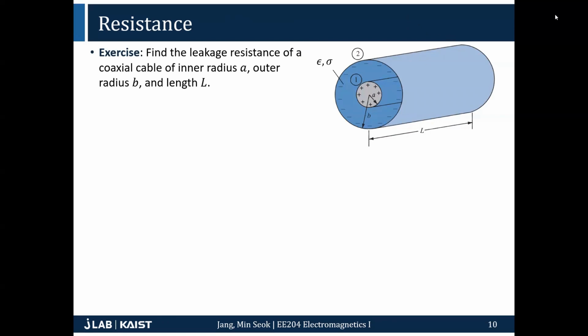But instead, what we want to calculate here is, if we apply the voltage V between the inner conductor and the outer conductor, and assuming that the material inside is not insulating and allows current to flow, then the current flow will occur like this. So I want to calculate the resistance of a coaxial cable of length L. That's what we want to calculate in this problem.